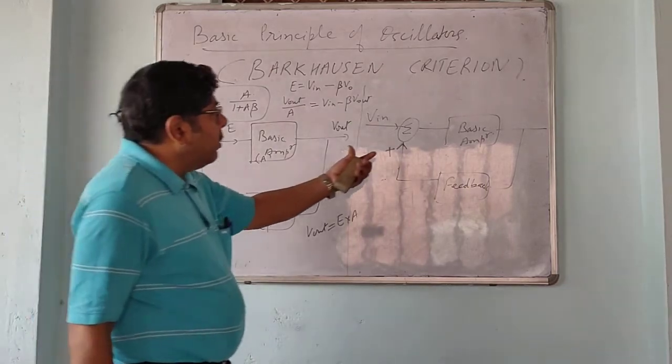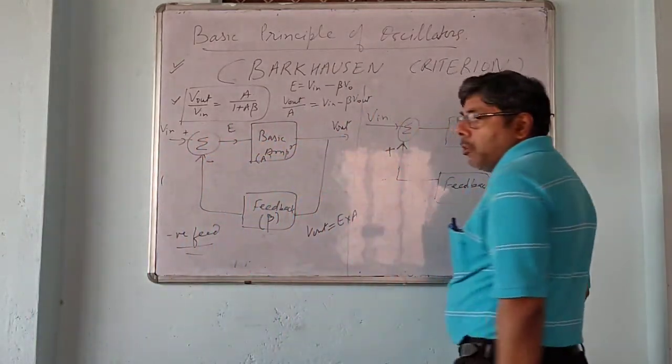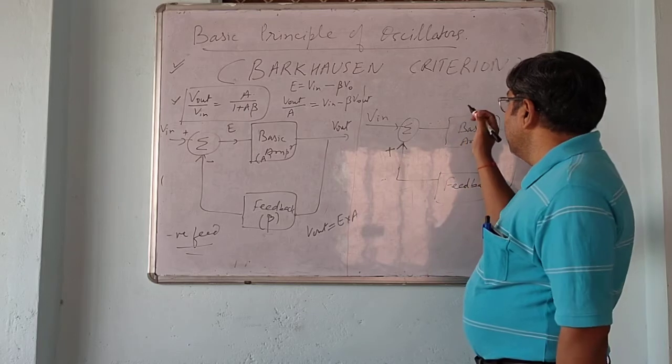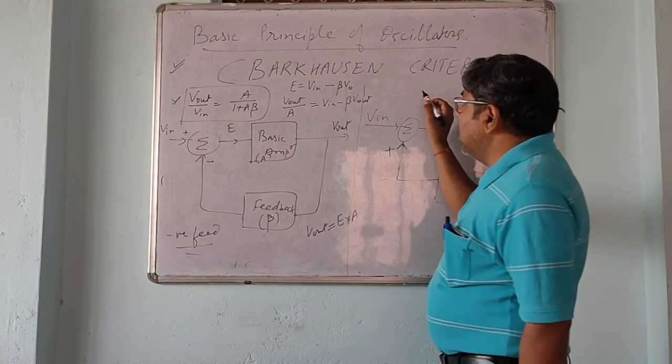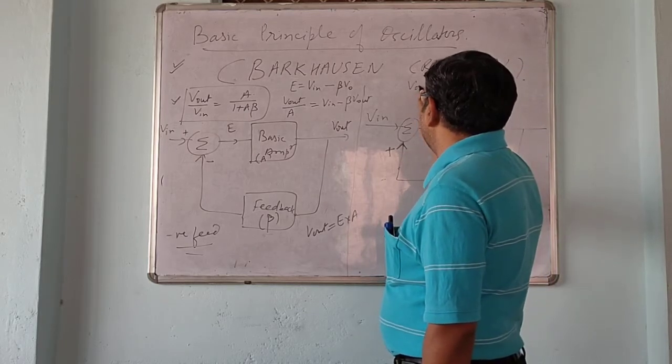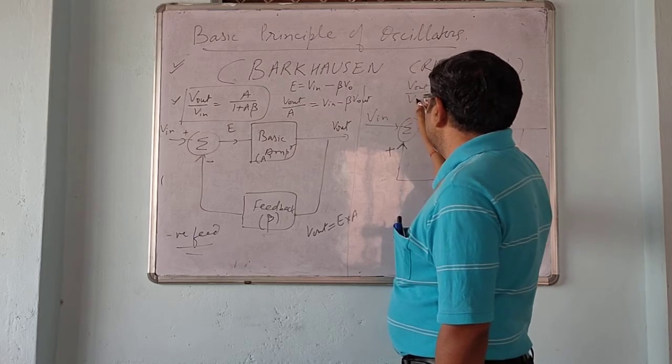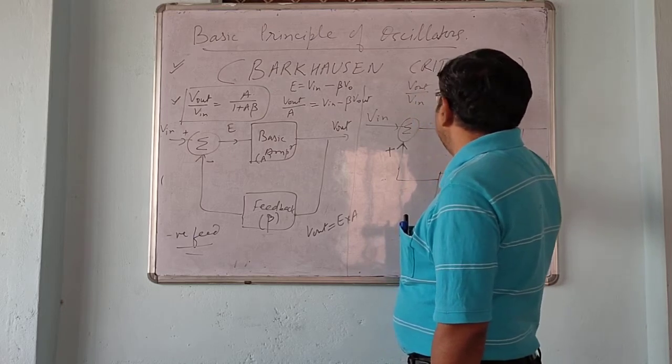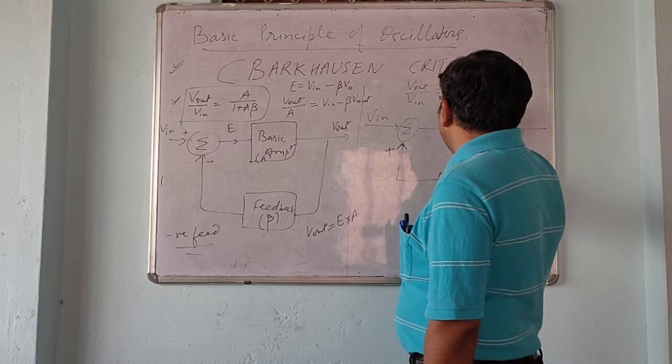Suppose we are using positive feedback, then what will happen? For positive feedback, this ratio comes out to be A upon 1 minus A beta.